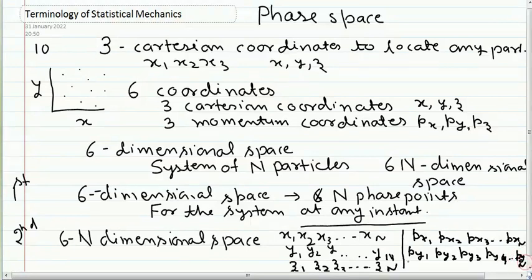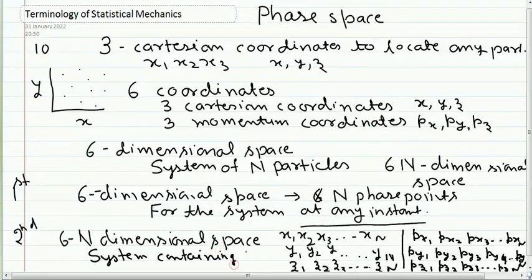And in the same way we have pz1, pz2, pz3, up to pzn. So in total this is the 6n dimensional space, and we have a system containing n particles.